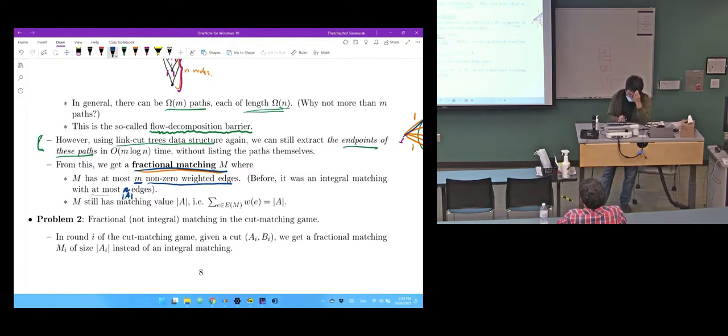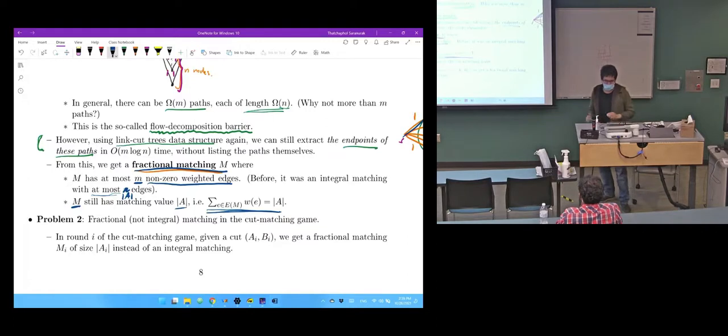Still correct, it's at most. But in this fractional meshing, the fractional size is still A. By fractional size, I mean the total weight is still A.